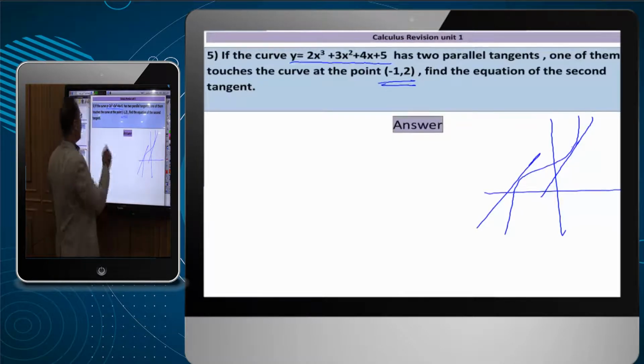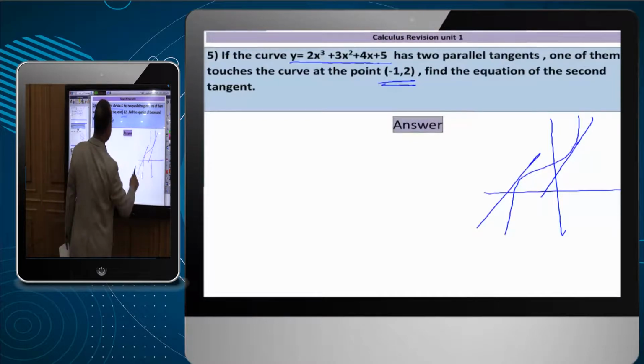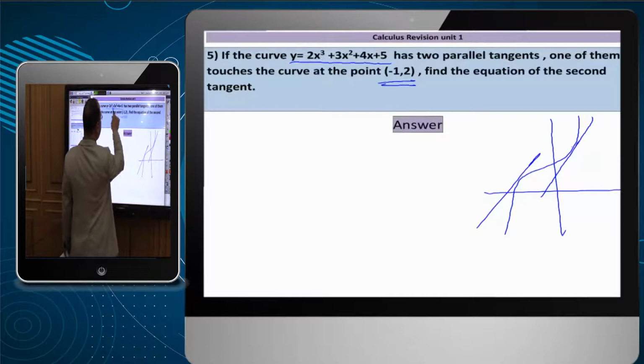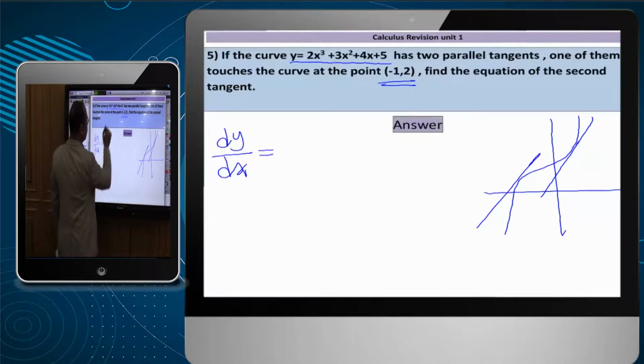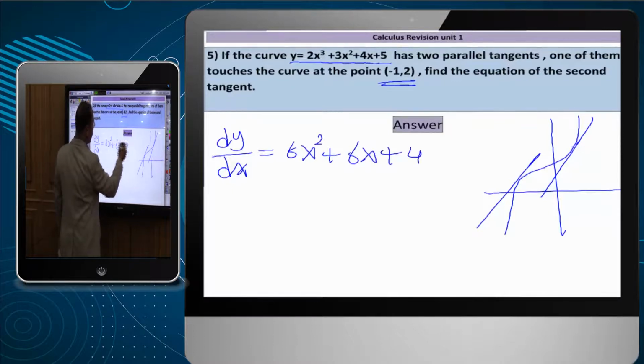First, to find the equation of the tangent, we want to find the slope. The 2 parallel lines have the same slope. If we find the slope from this equation, it's very easy. We will differentiate according to x: dy by dx equals 6x squared plus 6x plus 4.